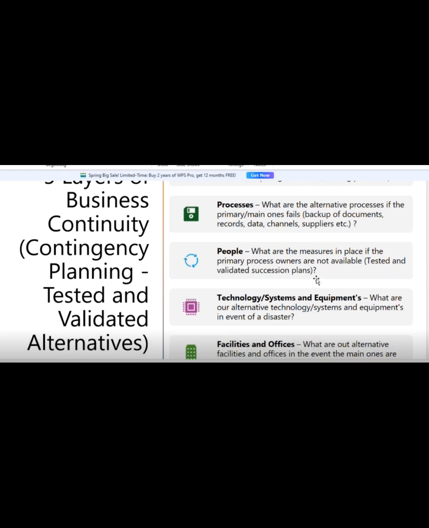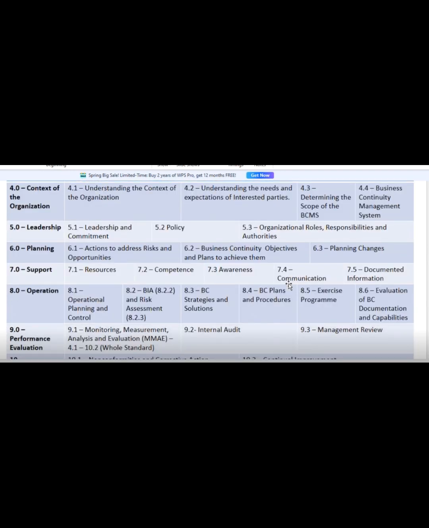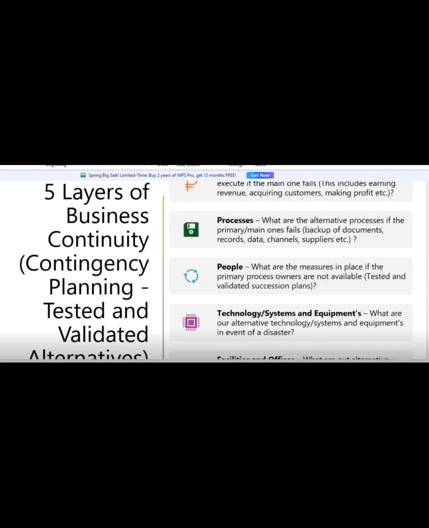Now, for the technology, what should we do when maybe the server is down? What happens if the router goes off? What happens if this laptop is stolen? God forbid. All those things are not strange. We heard of the fire outbreak on Otedola Bridge. Was it last week? What happens if a whole office gets burnt?